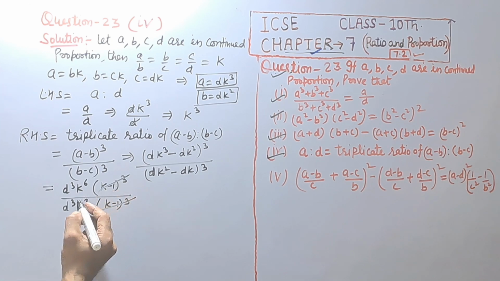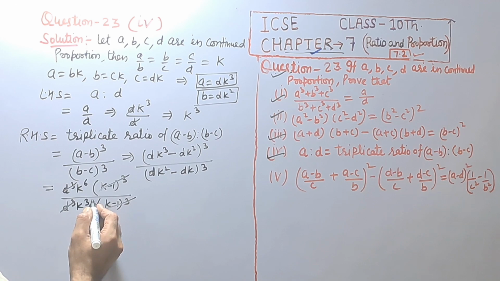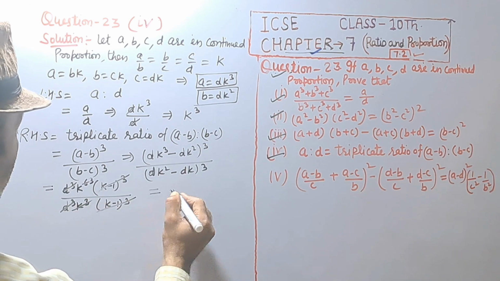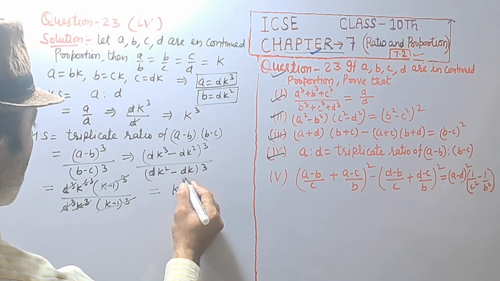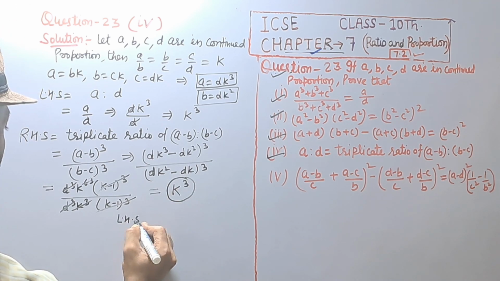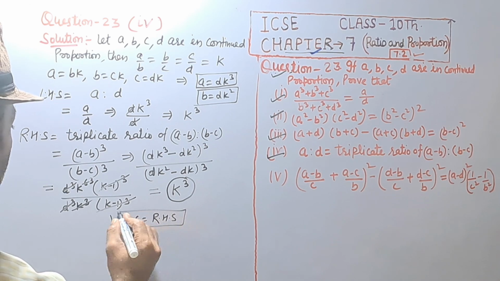This power is cancelled, d cube is also cancelled, and k raised to power 3, k raised to power 3 is cancelled, and we get right hand side is equal to k raised to power 3. So left hand side is equal to right hand side.